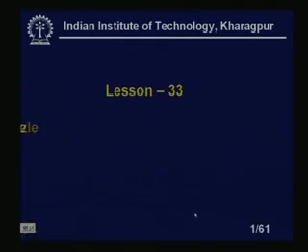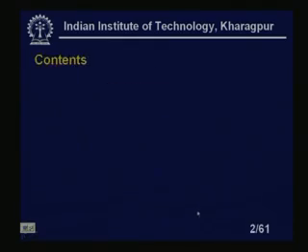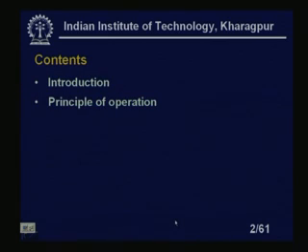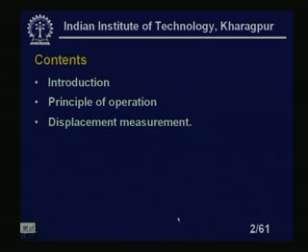Let us look at the content. Introduction, then the principle of operation, then displacement measurements and displacement sensors. Rather, we will see there how the flapper nozzles can be utilized to make the displacement sensor.